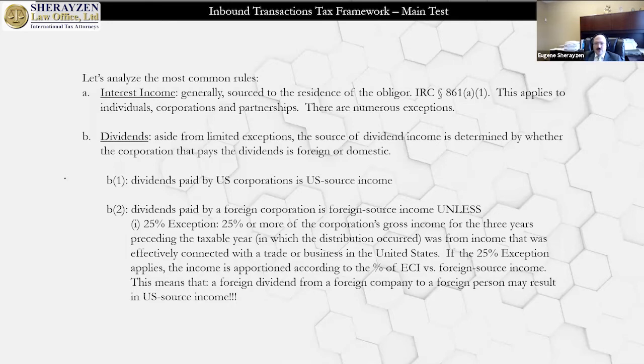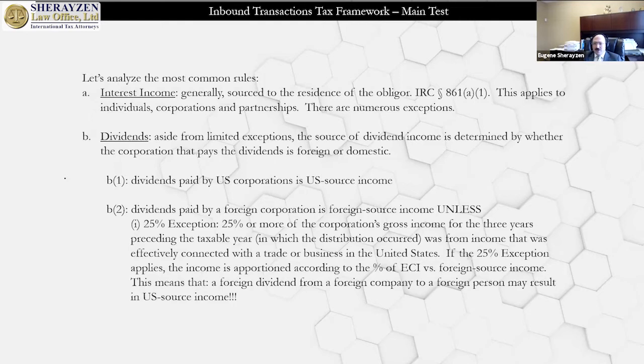Basically, if 25% or more of the corporation's gross income for the past 3 years was ECI, income that is effectively connected to a trade or business in the United States, then you have to apportion this dividend between the percentage of ECI income versus foreign source income.